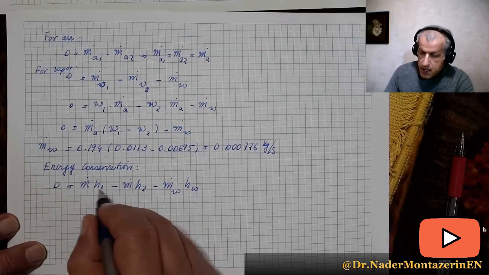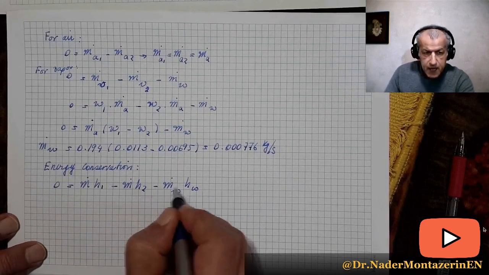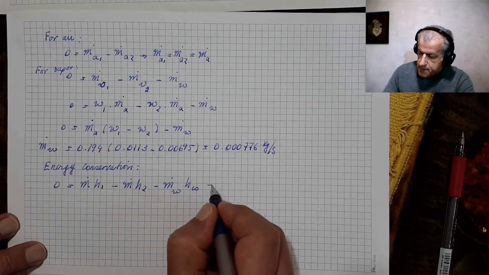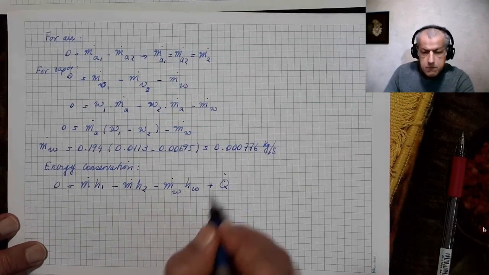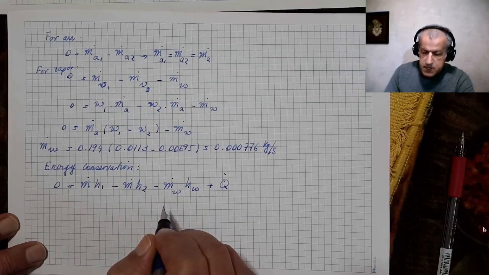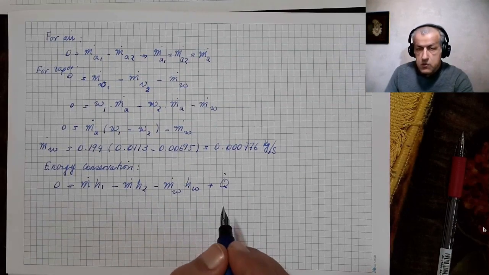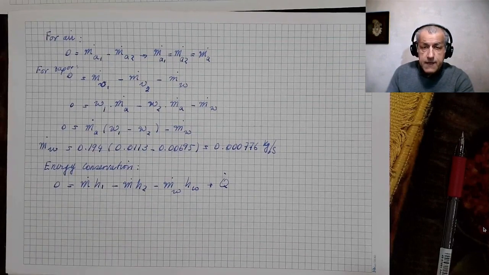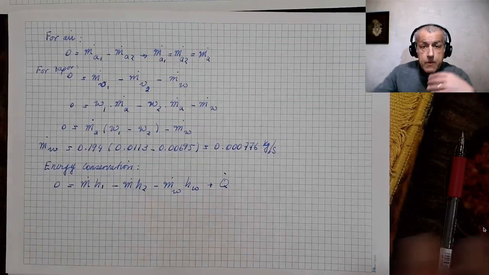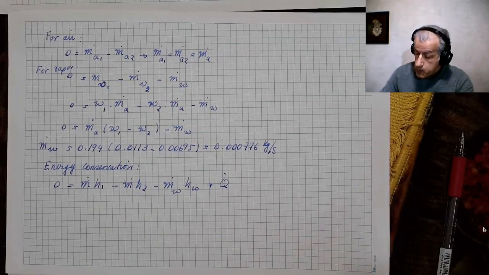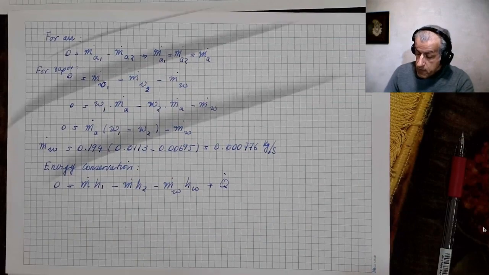This is the incoming flow, this is the outgoing flow, plus q dot, which is the heat transfer. This is the equation that we could write for the energy conservation.